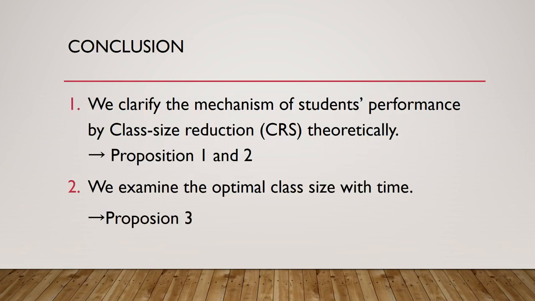In this study, we have two motivations: examine the effects of class size reduction theoretically and obtain 3 propositions. We believe that this is the first model to include the level of individual involvements and the deviation of individual understanding from the average level in a classroom for considering the impacts of class size reduction.